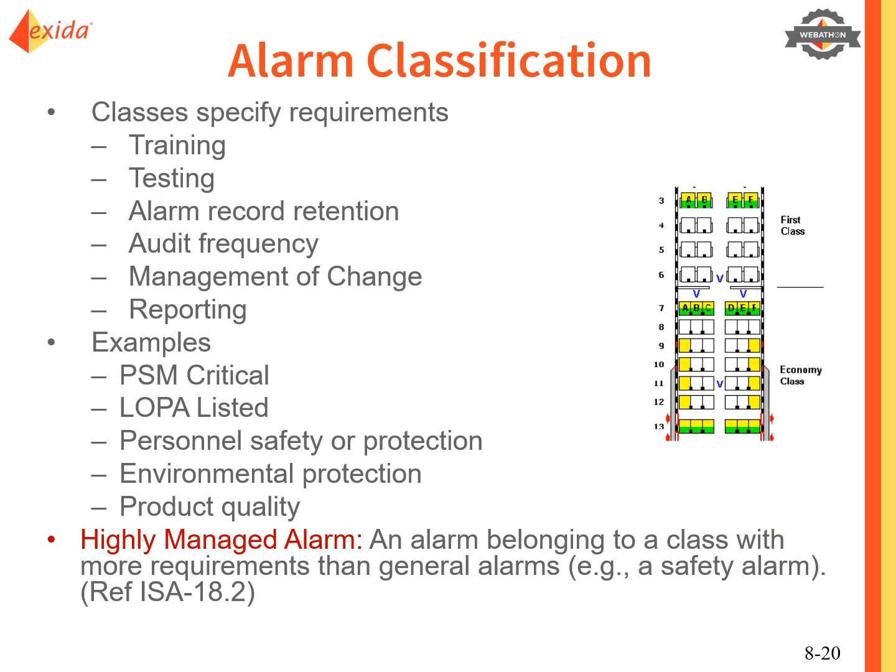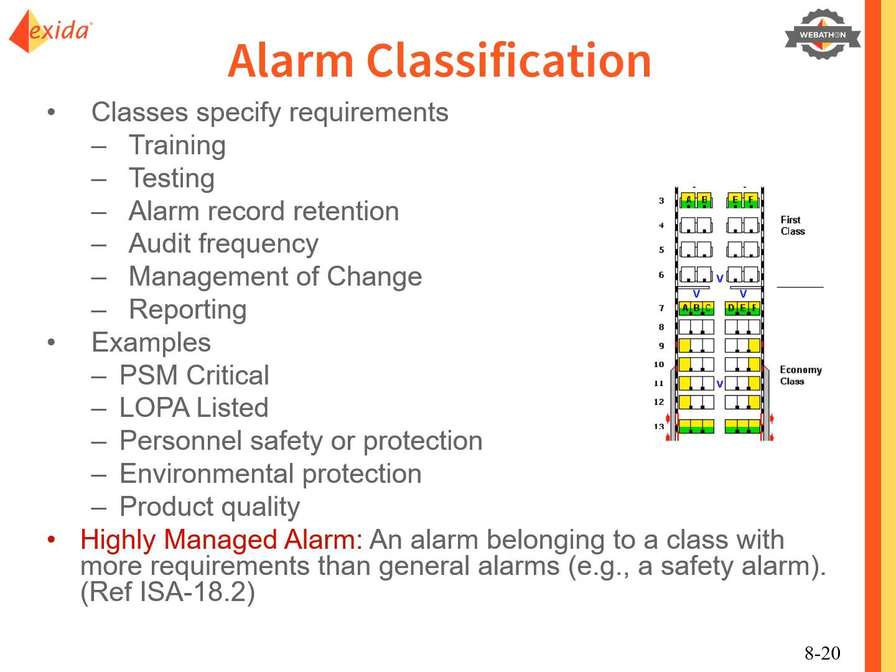So the next step in rationalization is to classify an alarm, and that's actually a requirement to classify all alarms. And what you have to do here is to group the alarms that might need special attention. For instance, you've got personal safety or protection alarms, so they will need to be tested every week. Like fire alarms, I know that we used to test fire alarms weekly in power stations.